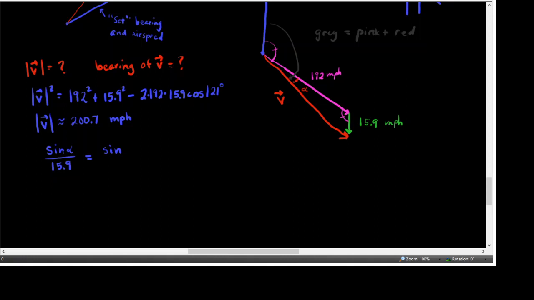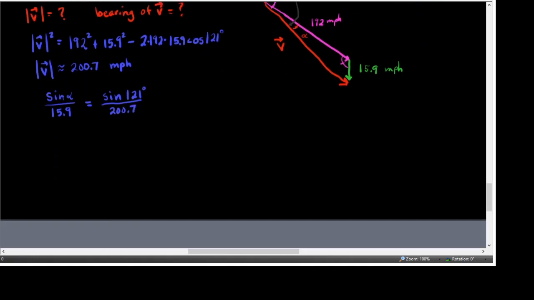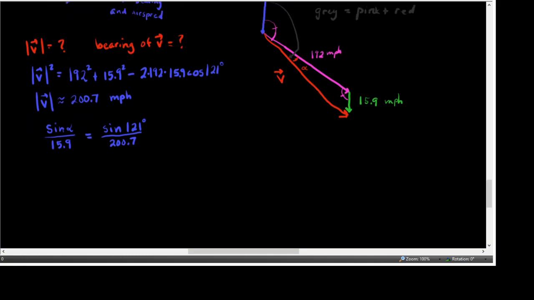So that's the 121 degree angle divided by the side length opposite it, which is that 200.7 number, which you'll not type that exactly. You'll use what's stored in your calculator, of course.